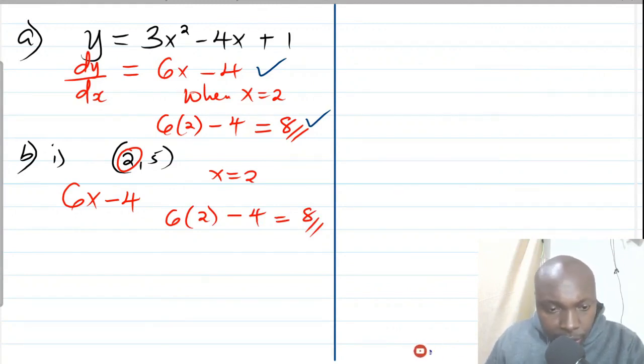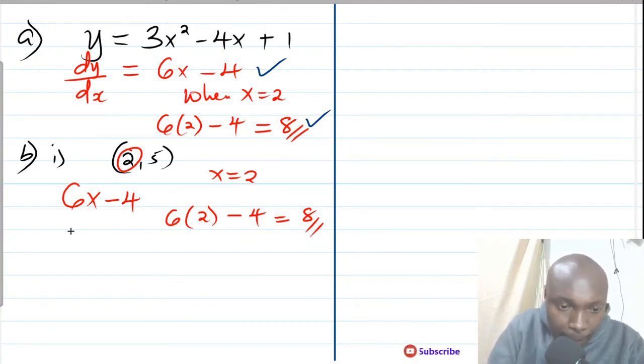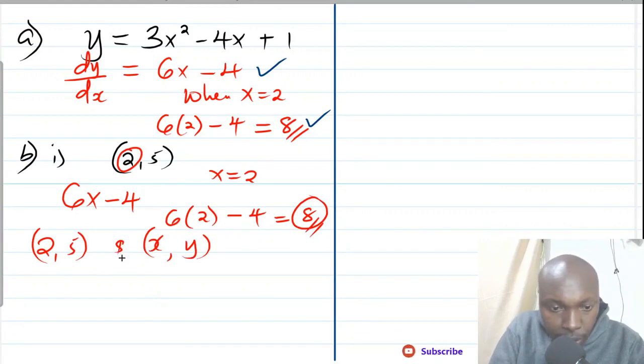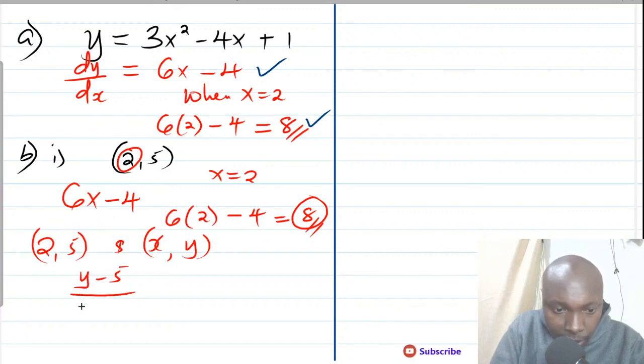Now the tangent is a straight line, so to get the equation of the straight line, which is a tangent, we shall need the point (2, 5), and we can introduce another general point on that line, which is (x, y). Knowing the gradient is 8, using these 2 points, we can calculate the gradient. Gradient is change in y, which is y minus 5, divided by change in x, which is x subtract 2. And this should give us the gradient, which is 8.